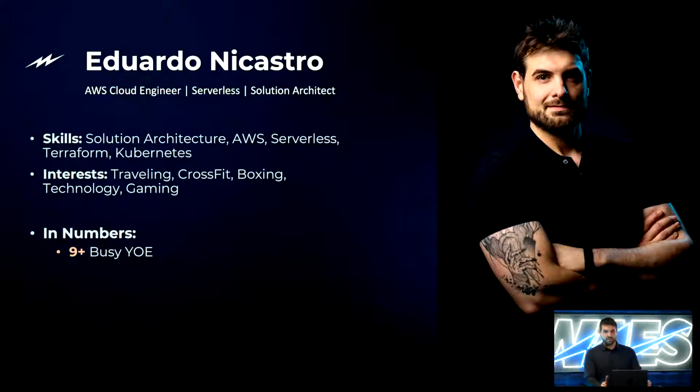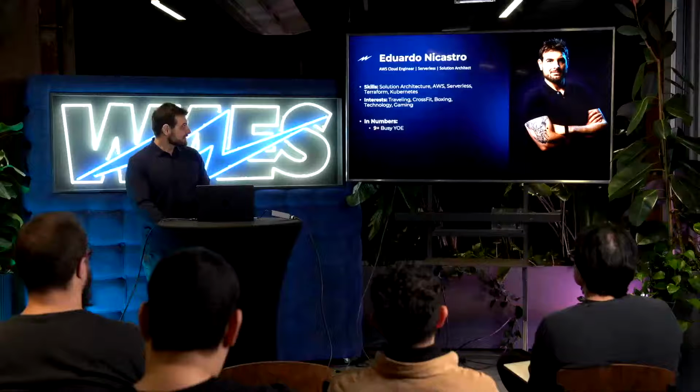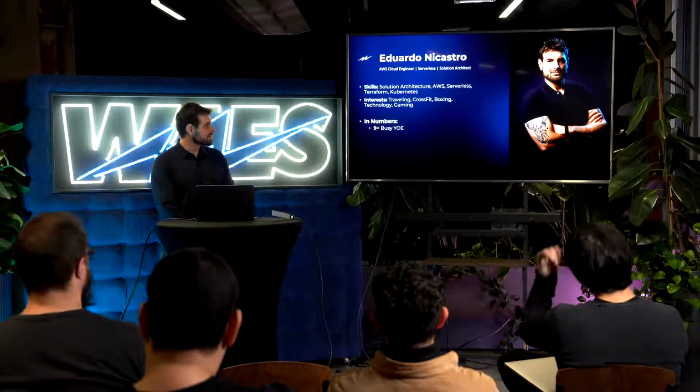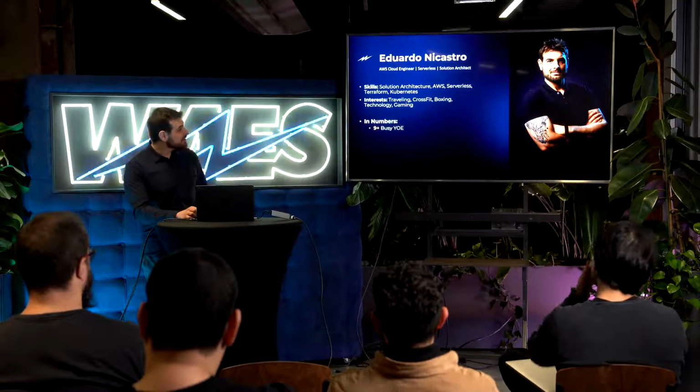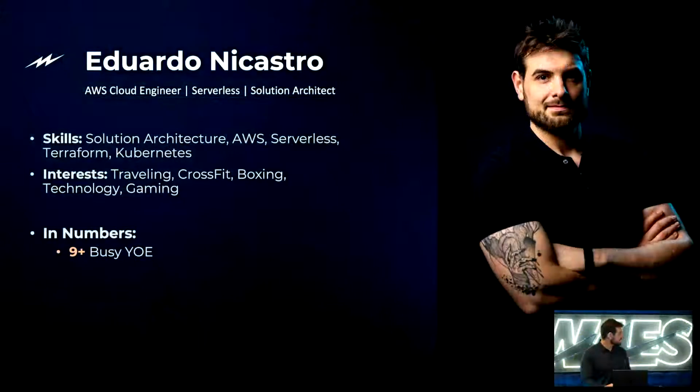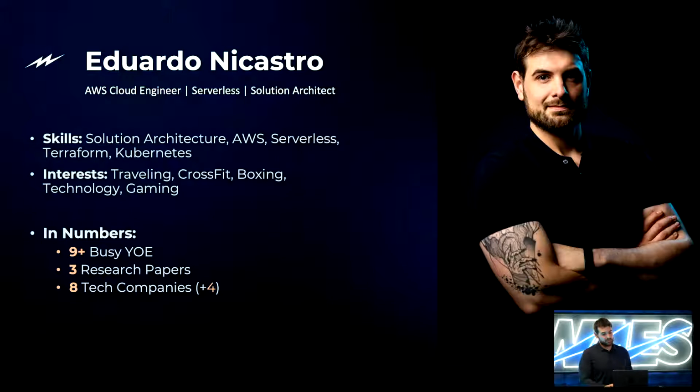I'm a very logical and, I'd say, number-oriented or data-oriented person. And as such, I wanted to bring some numbers here, like why should you be listening to this talk, and to me more specifically. So far, I have about 9 years of experience, busy years of experience, and I'm going to explain why. In college, I published 3 research papers. One of them was in AI, but the other 2 were also related to technology.